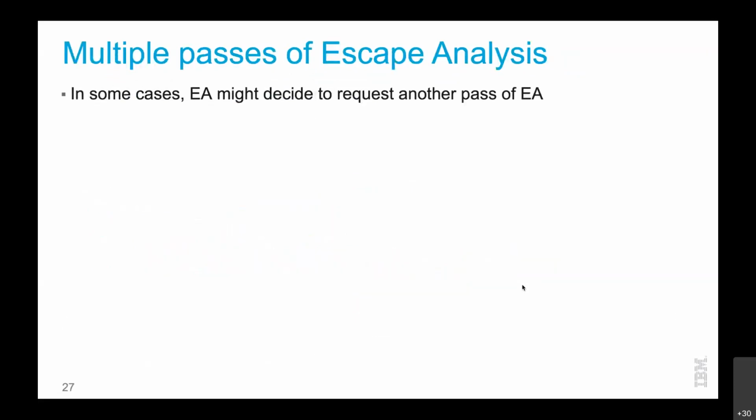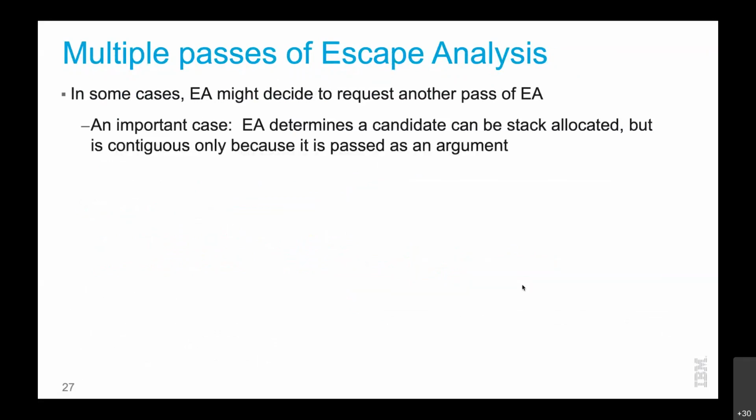I had mentioned also, finally, that EA in some situations might decide to request another passive EA. So here's an important situation in which that might happen. While doing its analysis, EA might determine that a candidate for stack allocation can be stack allocated, but it might find that it has to be allocated contiguously because the thing is passed as an argument.